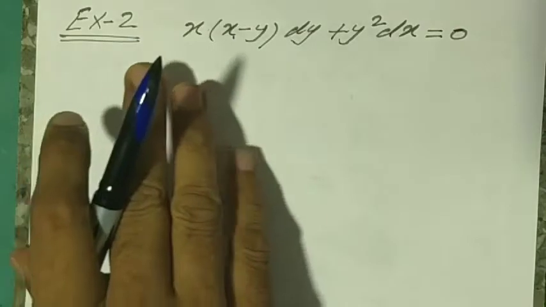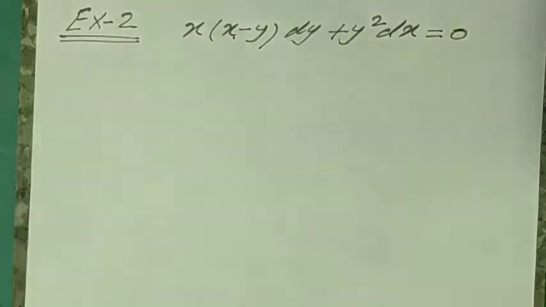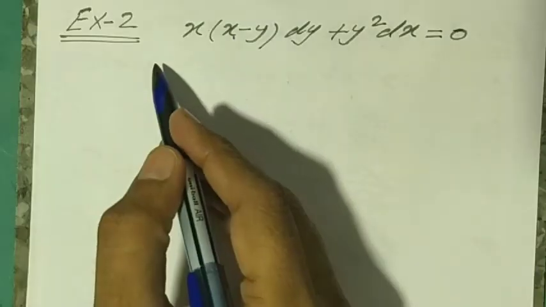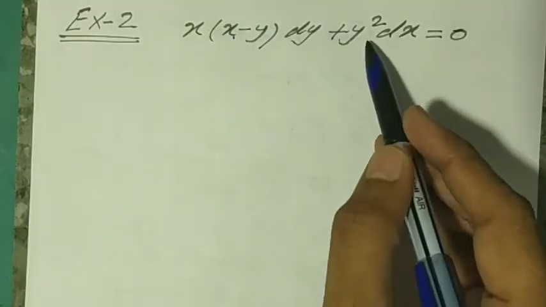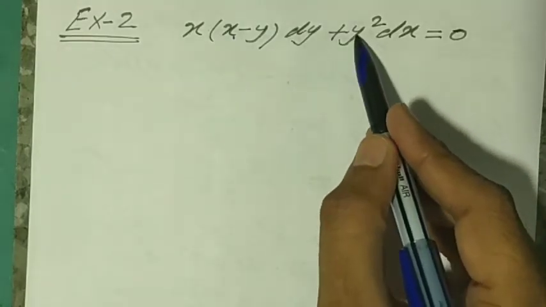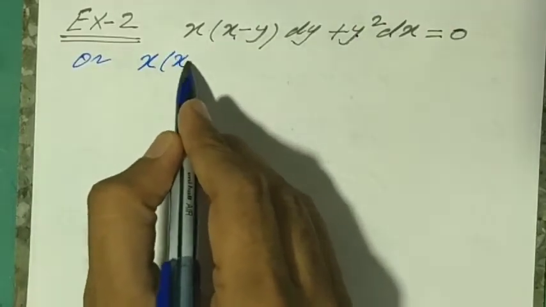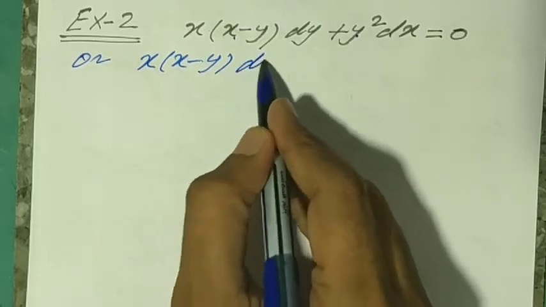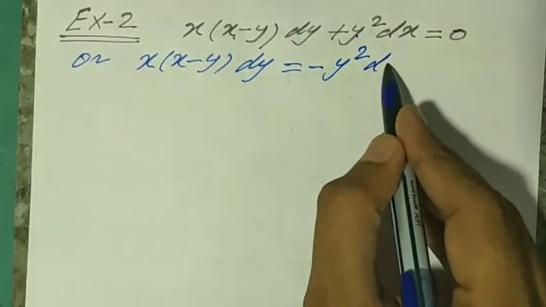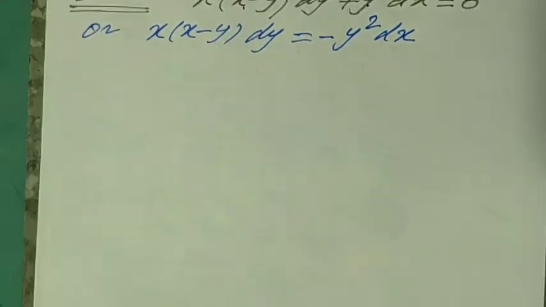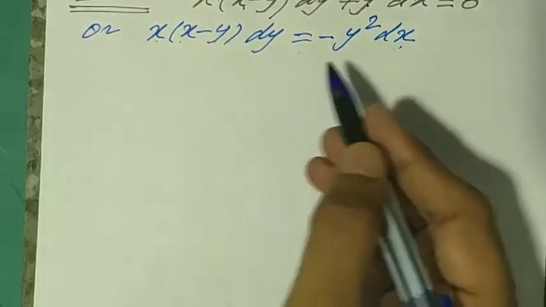So after identifying this equation as a homogeneous differential equation, first we have to make dy upon dx alone on one side and the rest of the expression on the other side. So for that purpose, we have to transpose this term to the right hand side. So we get x minus y dy is equal to minus y square dx. Now we have to transpose dx to this side and x minus y to the right hand side.